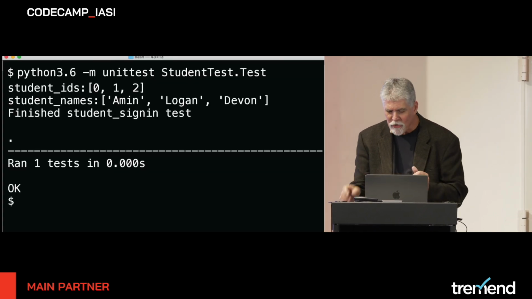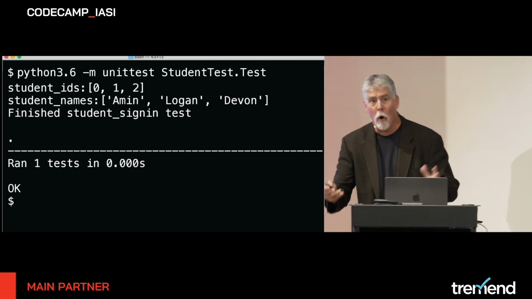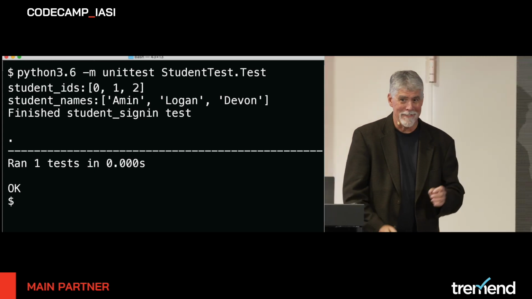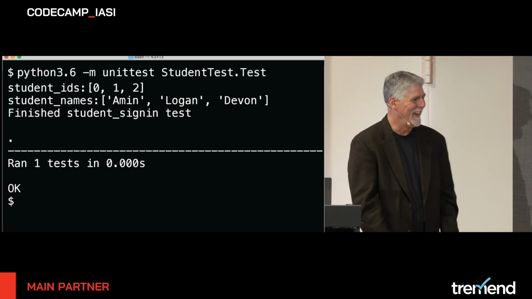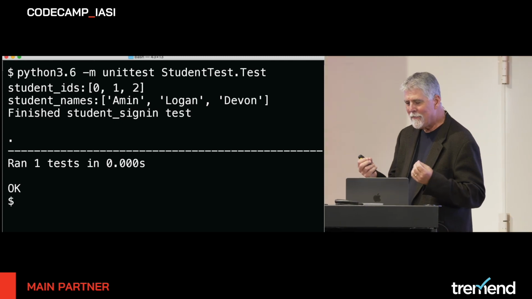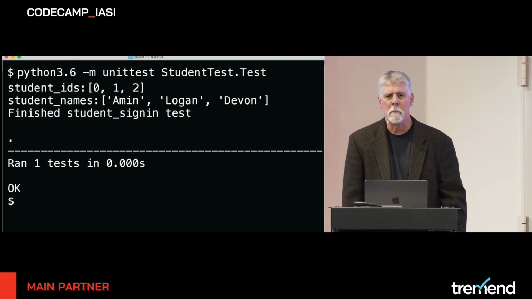It passed. Excellent. Fantastic. This is what we do, hopefully, every day. Every hour, that would be even better. Yes, so this is what we're all familiar with.